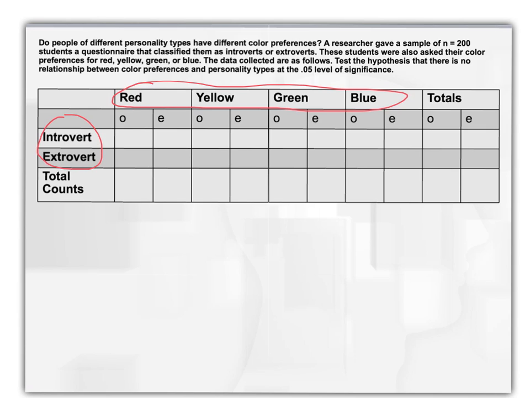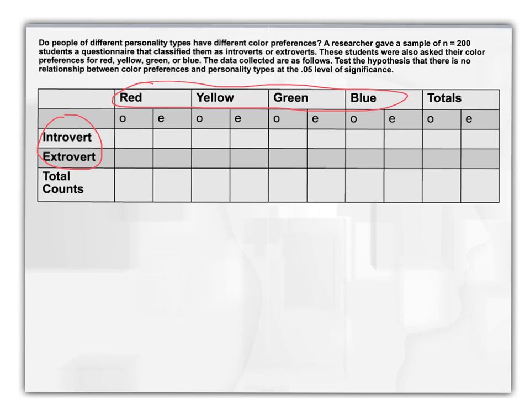And what we want to determine is there a relationship between color preference and personality type? So we have two dimensions, and we want to know if there is a relationship and association. Another way of saying that is preference for color dependent on what personality type you're classified as. That's why it's also called a chi-square test of independence.